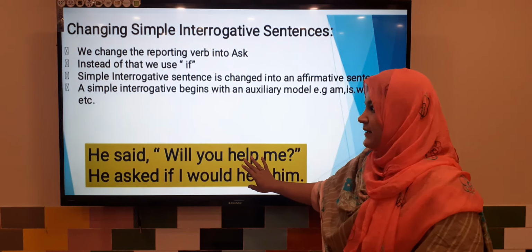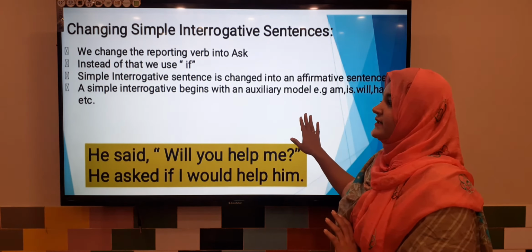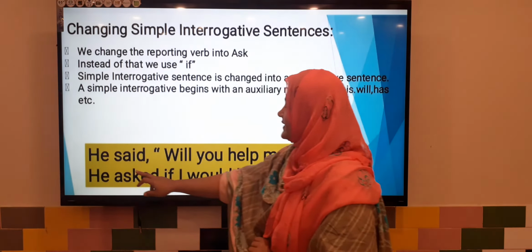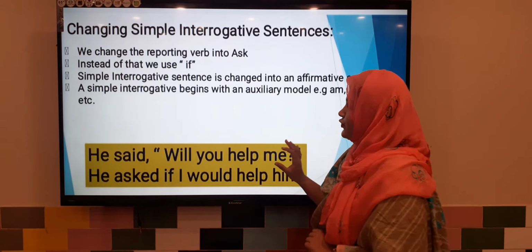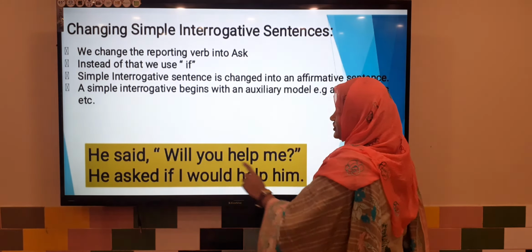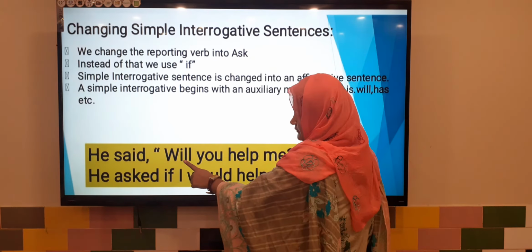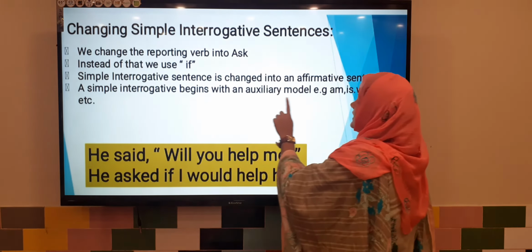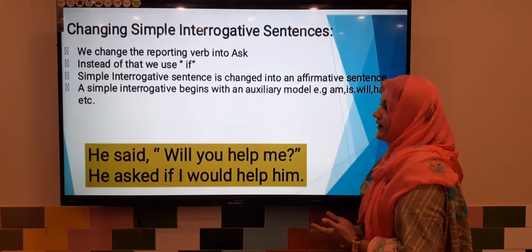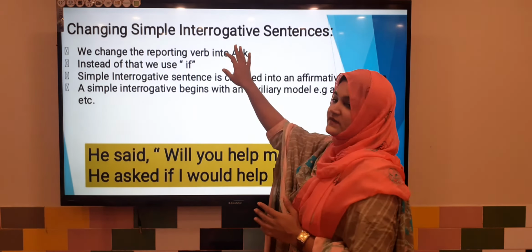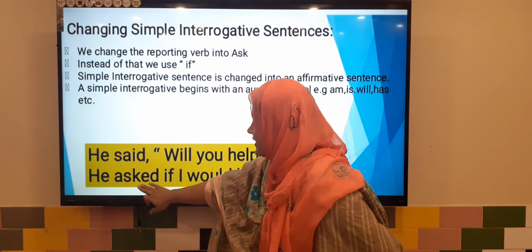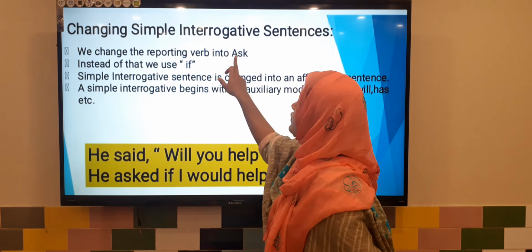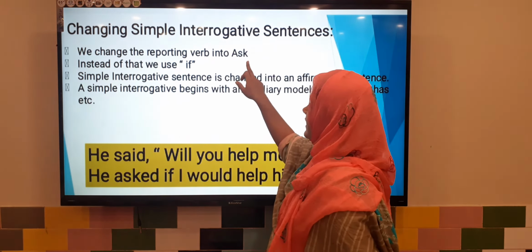Fine, so let's come to an example so you can get all the rules very well. He said, will you help me? Here you have noticed that your question begins with will. Will is the auxiliary verb, so this sentence belongs to simple interrogative sentences. Now, as I have told you, I will change said into asked.